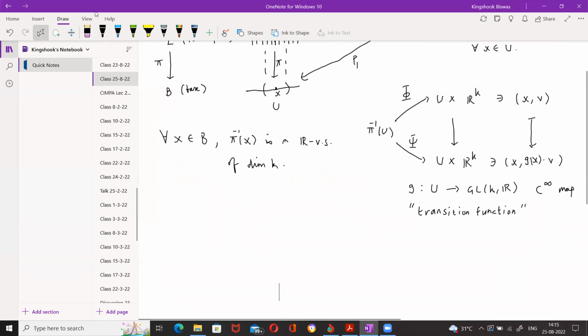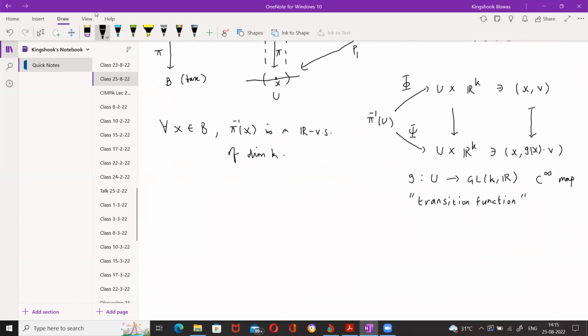And associated to a vector bundle, I mean, just an example, a vector bundle could be trivial. It could be a product.